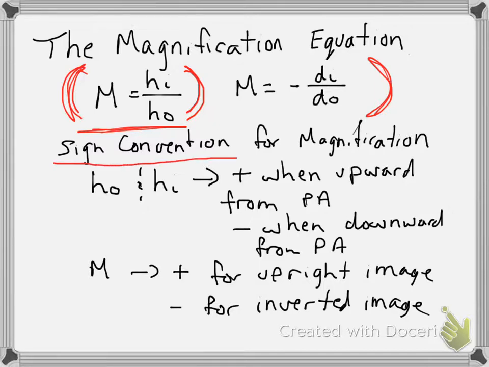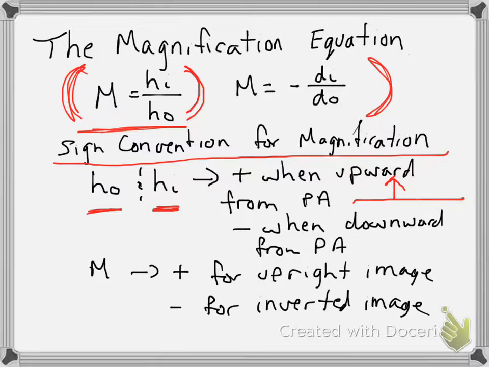Again, we have conventions for magnification. The height of the object and the height of the image are positive when they are upwards from the principal axis. What that means is, if this is your principal axis, your image is in an upright direction.